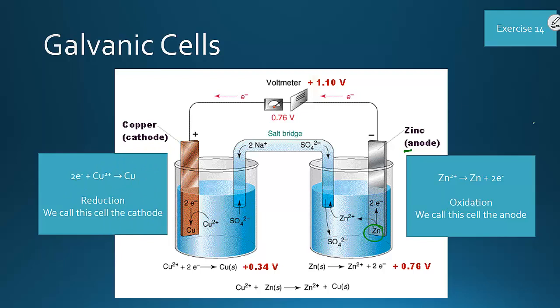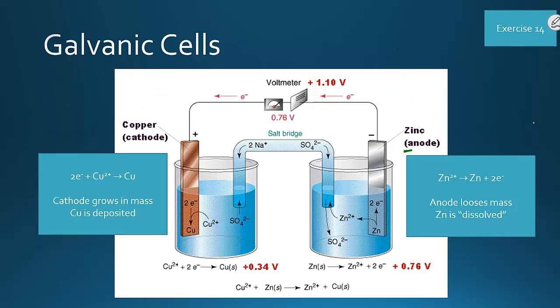As the zinc gives up electrons, it forms zinc cations. And so the anode will begin to decay. If you put this in solution, if you ran this reaction, you would see that the zinc electrode will lose mass.